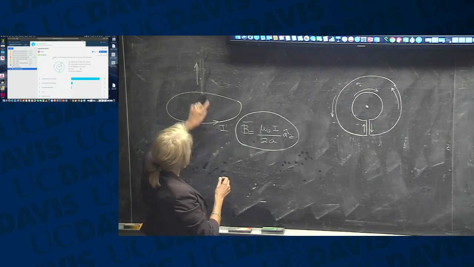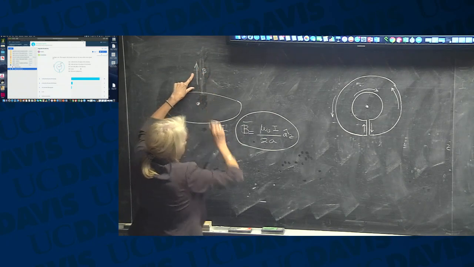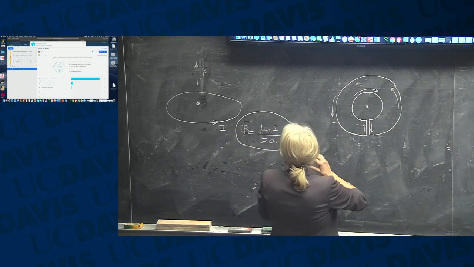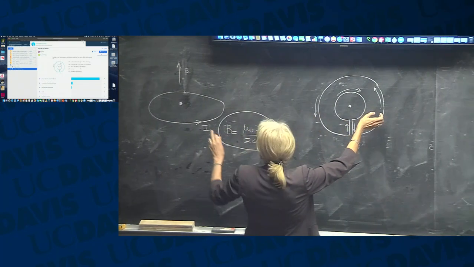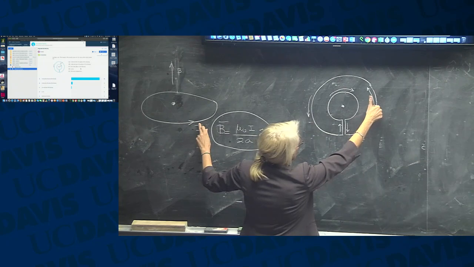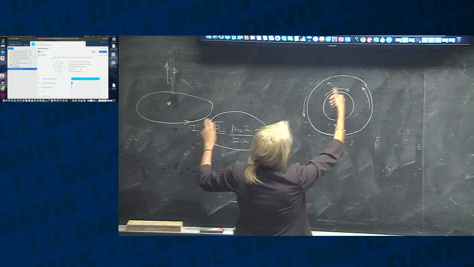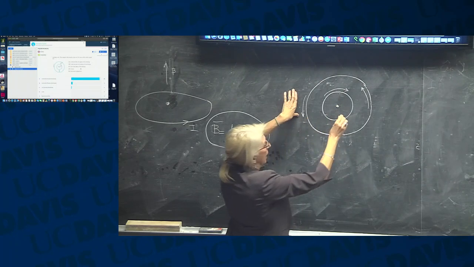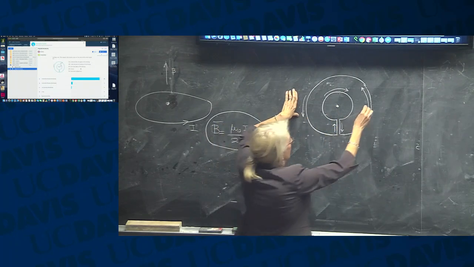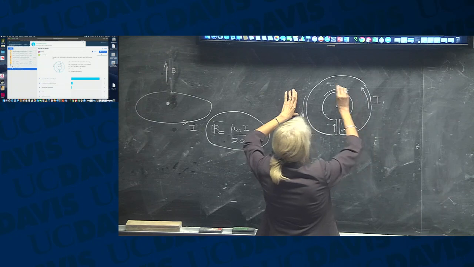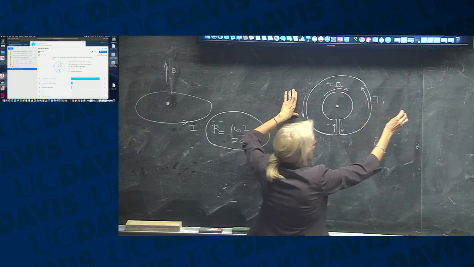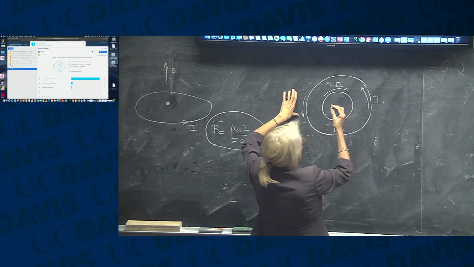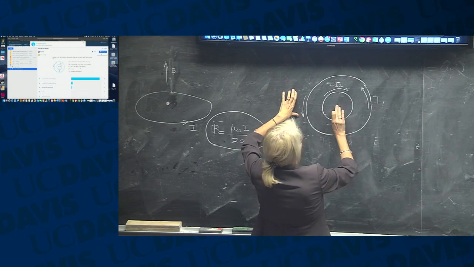So when the current goes like that, B goes like this. Here you have the current that goes like this, so B is going to go from this one outwards. So if this is I1 and this is I2, assume that Z is coming out of the board.